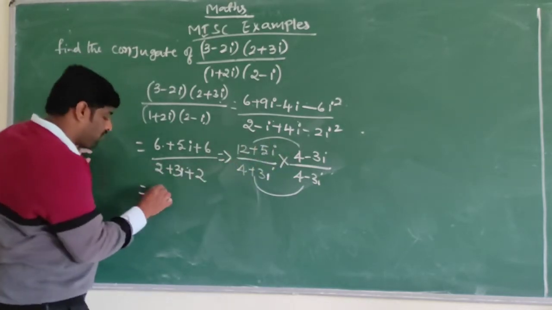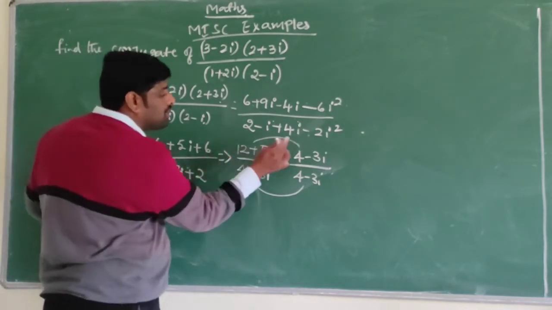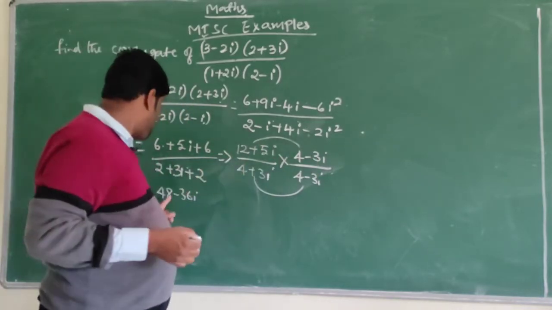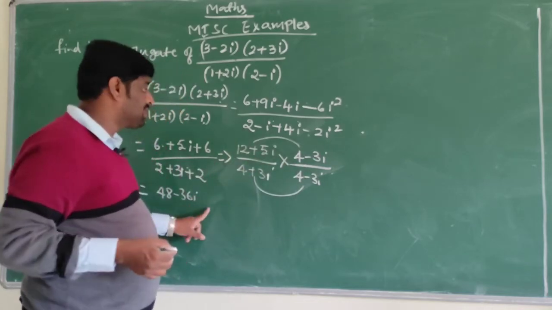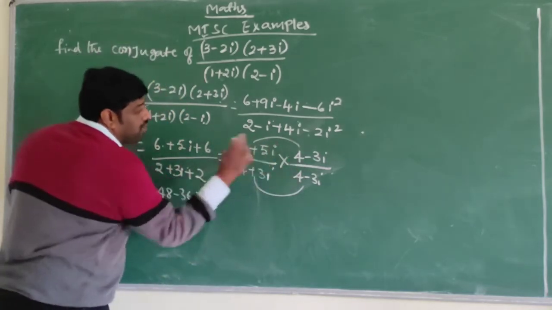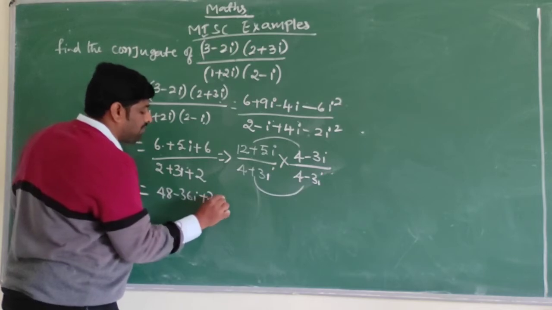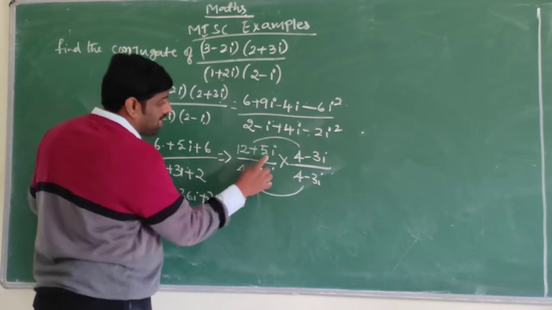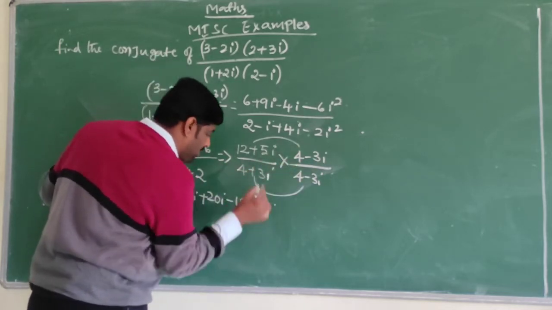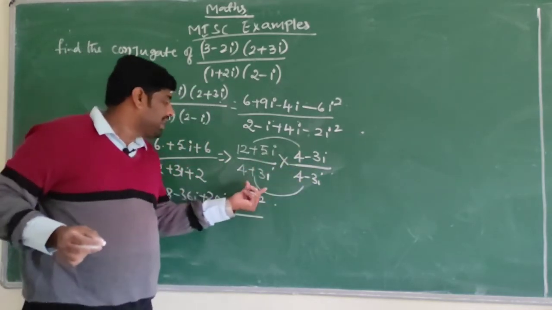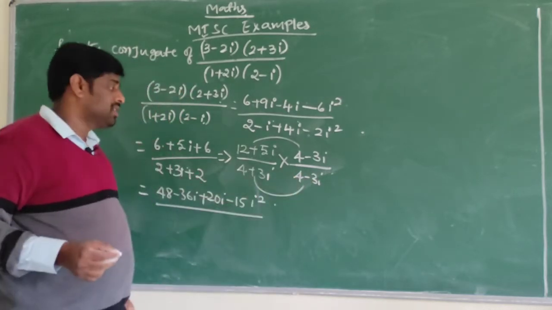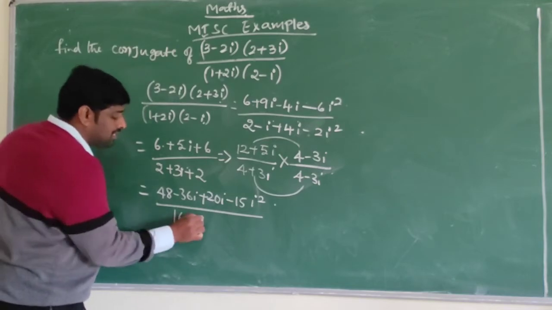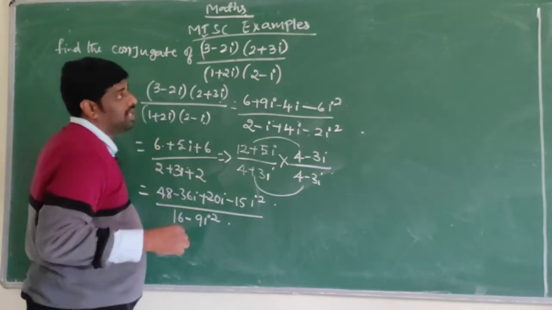12 fours are 48, 12 threes are 36i, 5 fours are 20i. And again 5 threes are 15, minus 15i into i squared, divided by the form of (a plus b) into (a minus b), a squared minus b squared, that is 16 minus 9i squared.